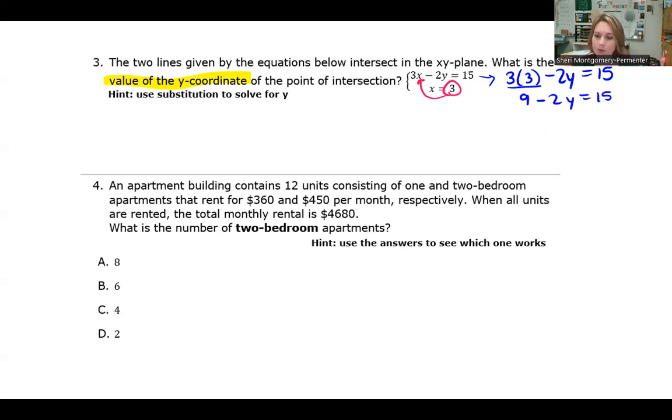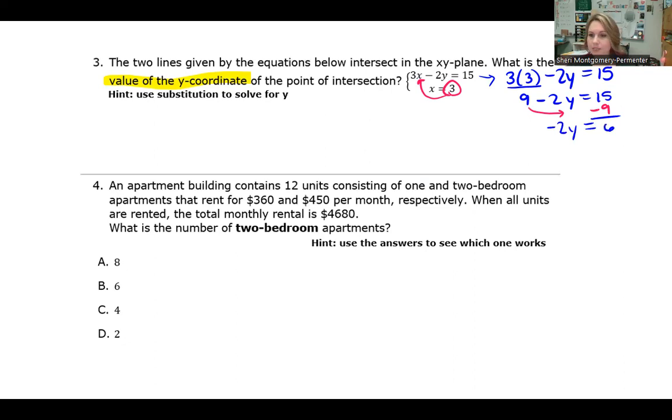This is a 2-step equation. I want Y all by itself. I have to first take care of the addition and subtraction, so I have to take care of the 9 first. So it's a positive 9 on this side, so I will have to subtract 9. Don't lose the negative on the Y. So 15 minus 9, what is that? 6.